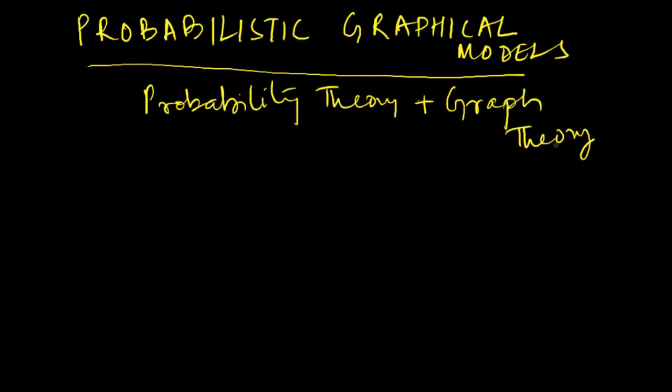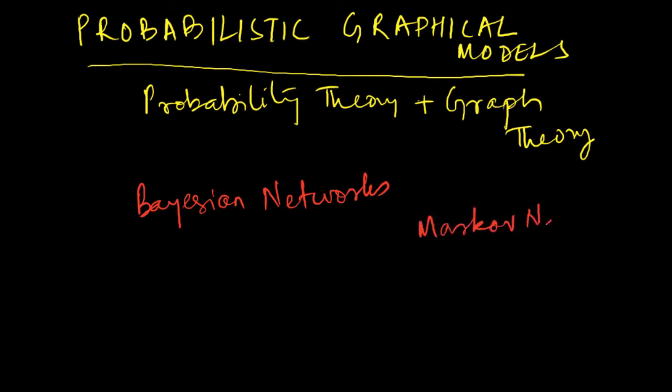And there are, of course, many kinds of graphical models which are possible, but largely speaking, there are two broad categories of probabilistic graphical models which are more popular and often used. One is what is called Bayesian networks, and the other are what are called Markov networks.